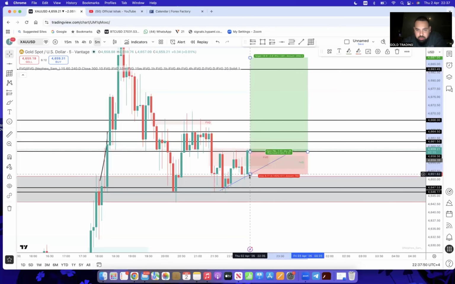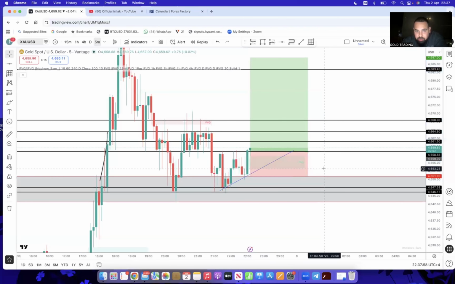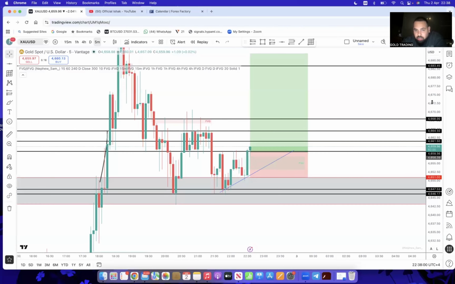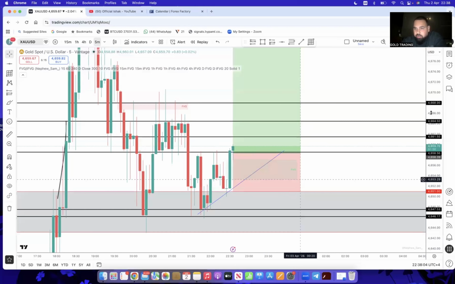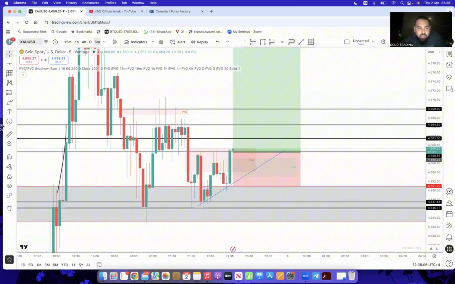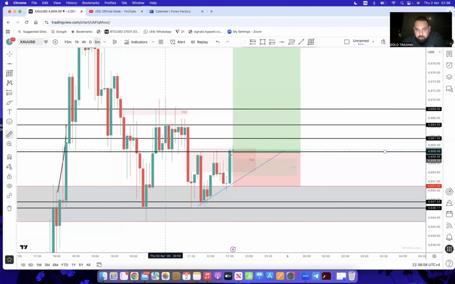My stop loss, we are at the bottom of this, which is 46.51. And we are marching in the right direction. If we catch TP1, 2, and 3, which will be juicy, that'll be 96 pips.